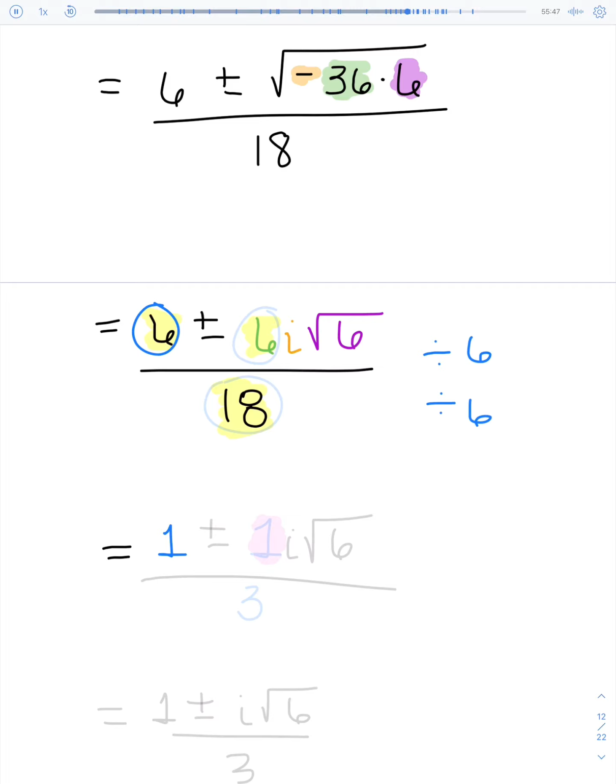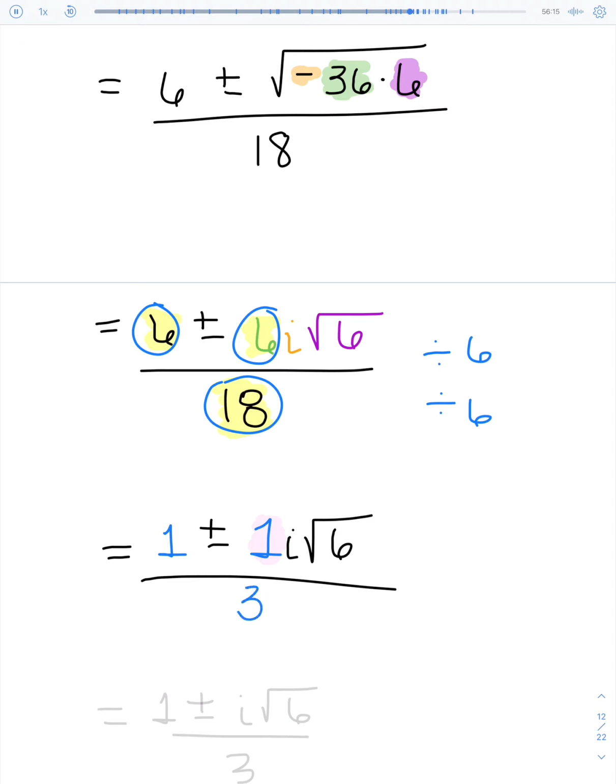Dividing the 6 into the second 6, we get another 1i, so we get plus or minus 1i square root of 6. Again, remembering that what's inside the square root is safe. We still have to reduce what's on the denominator, the 18, by a factor of 6, which will leave us with a 3.